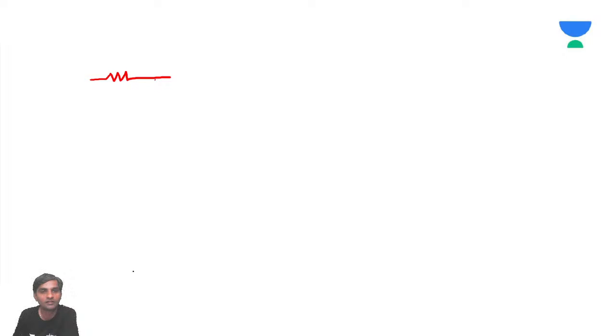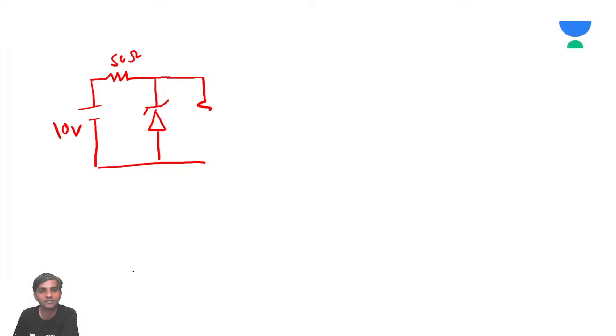This resistor, this Zener, and this is some input voltage. How much input voltage? I didn't see. 10 volts, I think. This is 10 volts. This is 50 ohms. And then this is some resistance R.